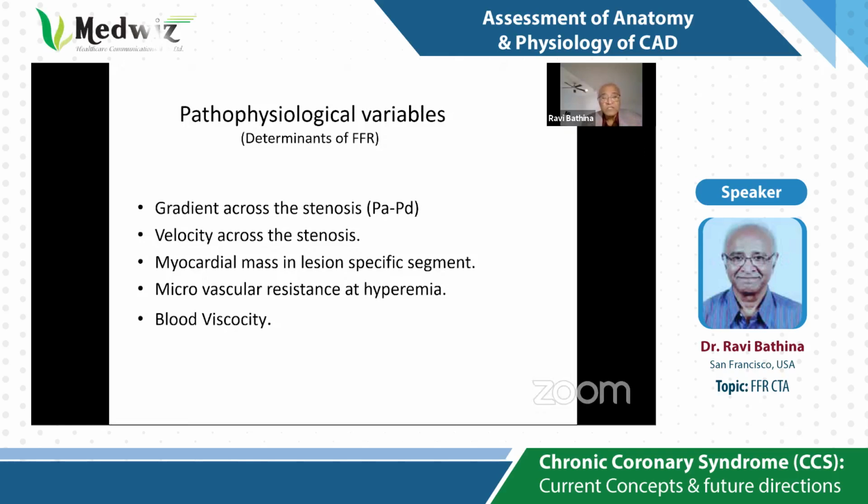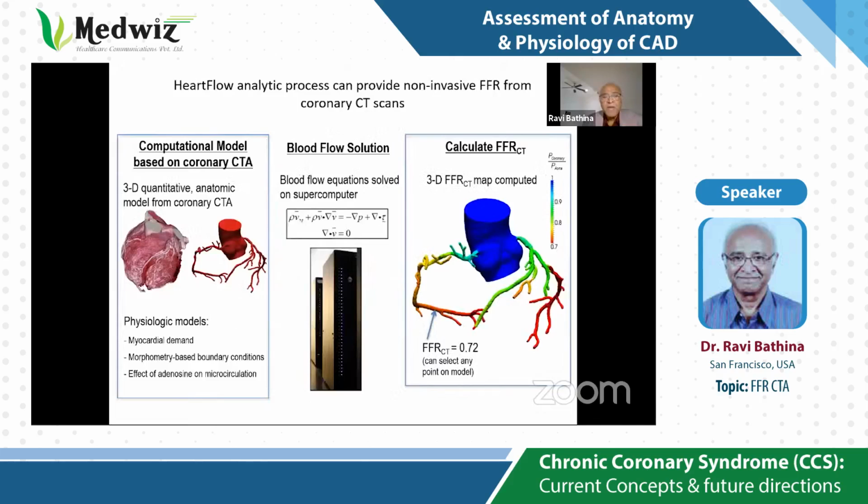And of course, blood viscosity plays a major role in fluid dynamics, because in anemic patients versus polycythemia, the hemodynamics will change. So all these pathophysiological variables are taken into consideration. Put simply, take anatomical variables, add physiological variables, feed it through a supercomputer, which gives us a calculated FFR CT, and that is all done non-invasively.